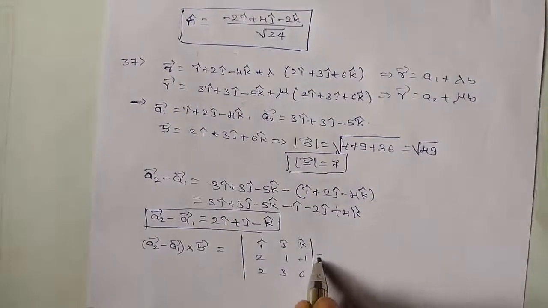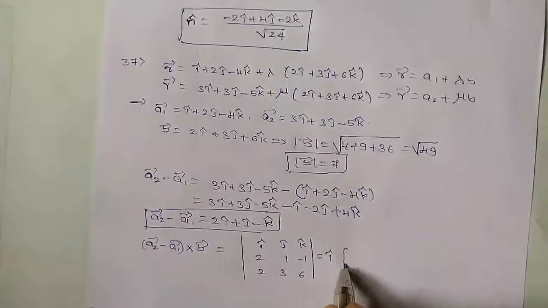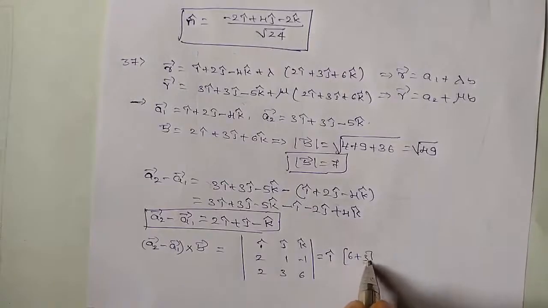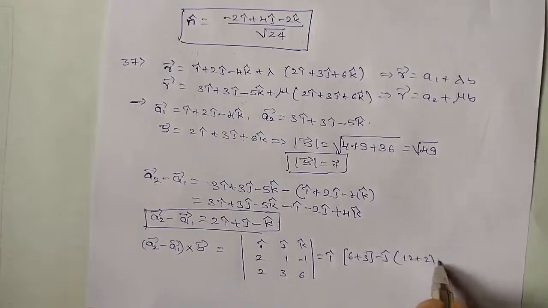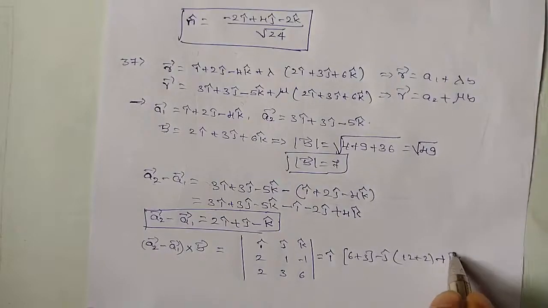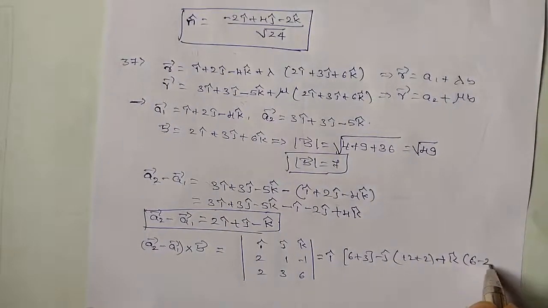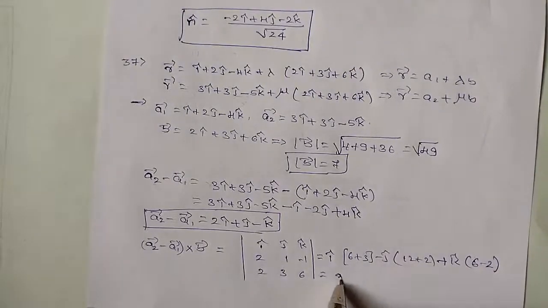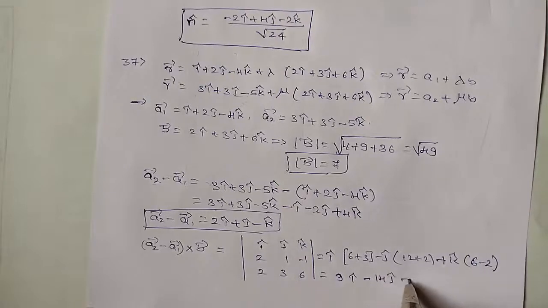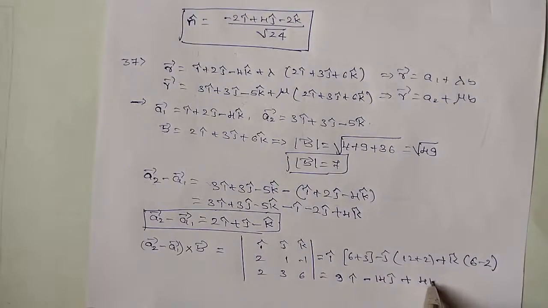Next, find the determinant of order 3: i into 6 plus 3, minus j into 12 plus 2, plus k into 6 minus 2. So it is equal to 9i minus 14j plus 4k.